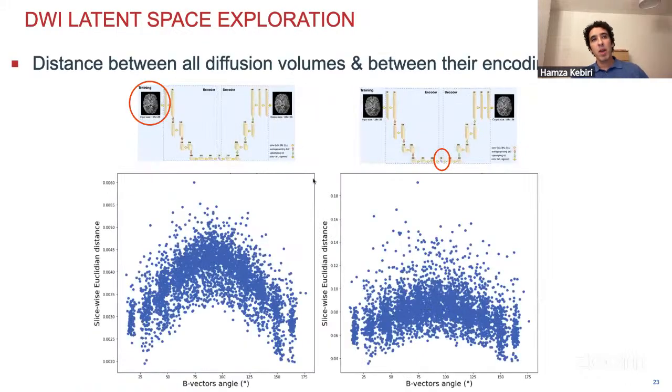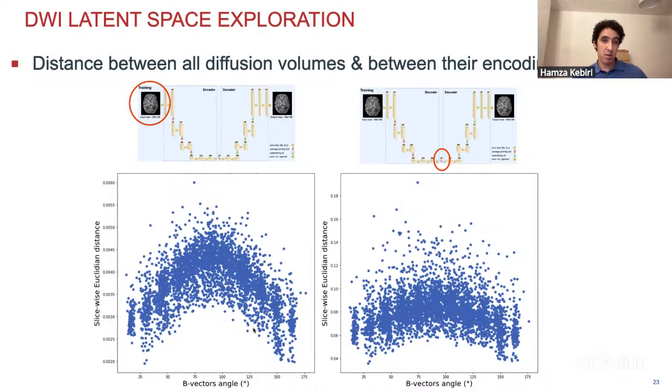Here we try to explore the latent space. The idea was that if we have 2 images coming from orthogonal directions, meaning the gradient directions along which we estimate the diffusion are orthogonal, they should be different, so the slice-wise Euclidean distance should be higher.